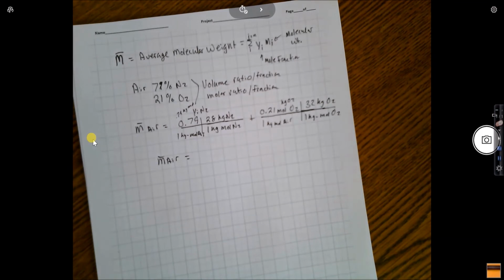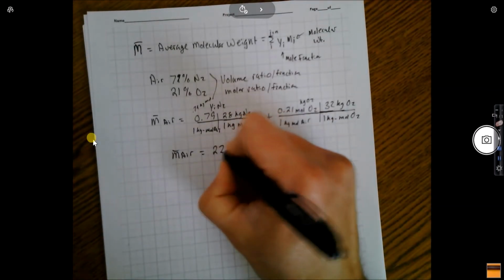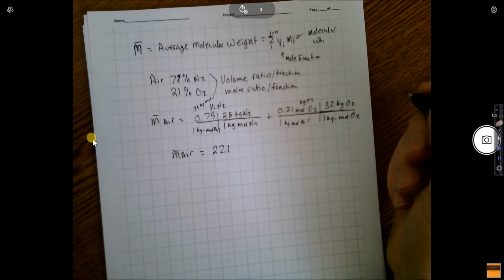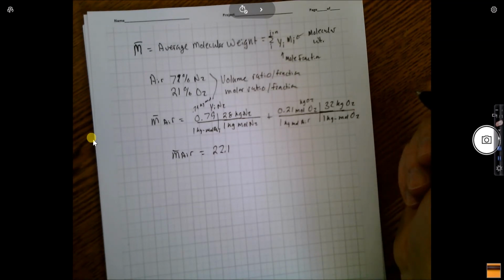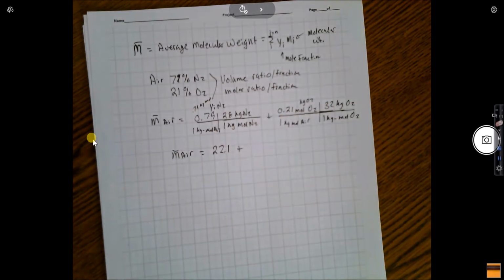It is equal to 0.79 times 28, and that's, excusez-moi, 22.1, plus 0.21 times 32, and that's 6.72.